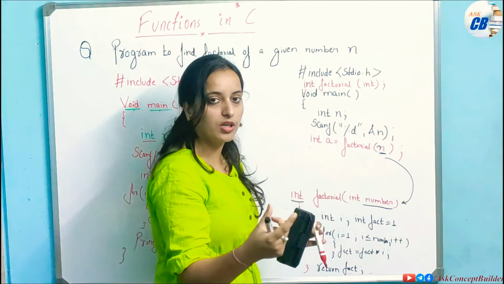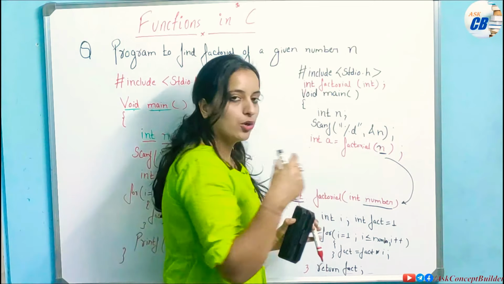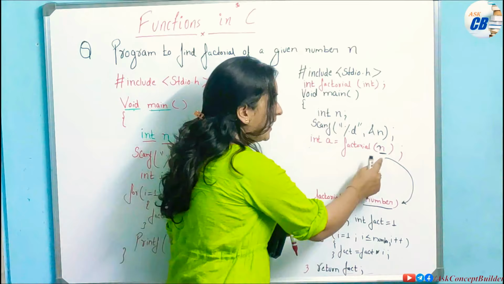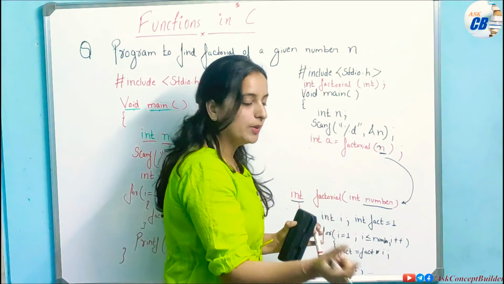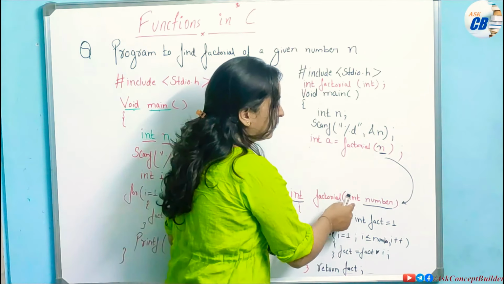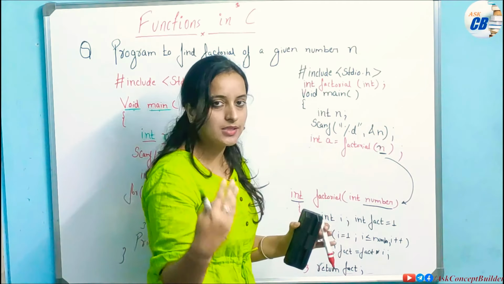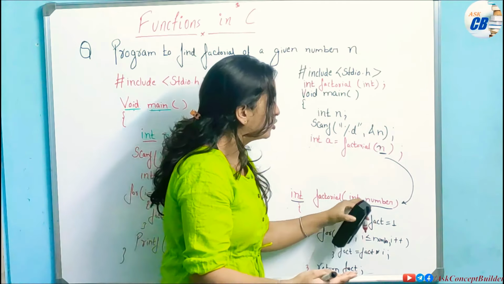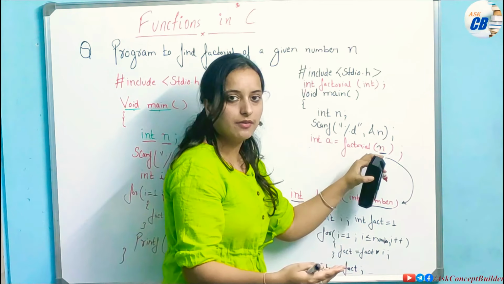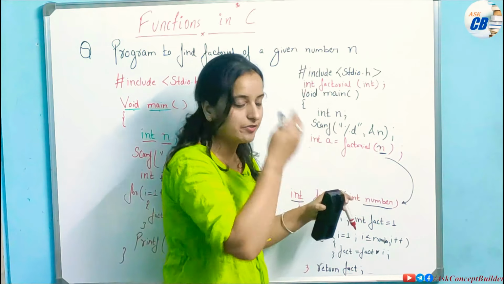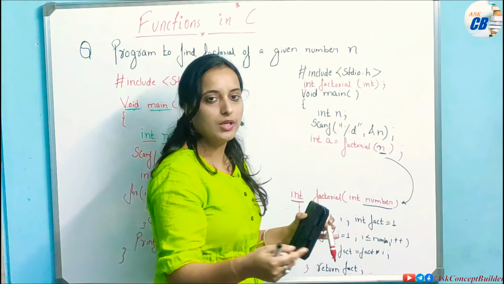So the important thing here is that whatever you are passing at the time of calling the function, the data type of the receiving parameter should be the same as what we are giving at the time of calling our function.